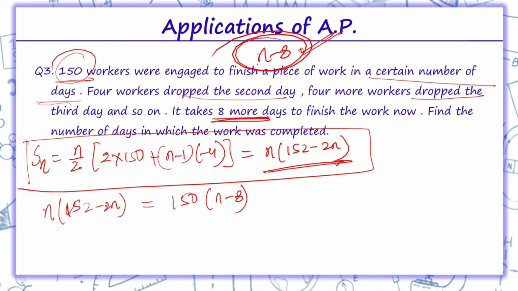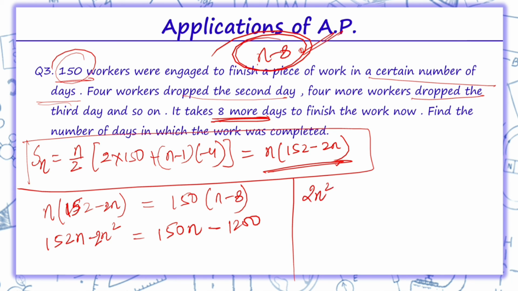Thus we will solve it and get a quadratic equation. 152n minus n square equals 150n minus 1200.